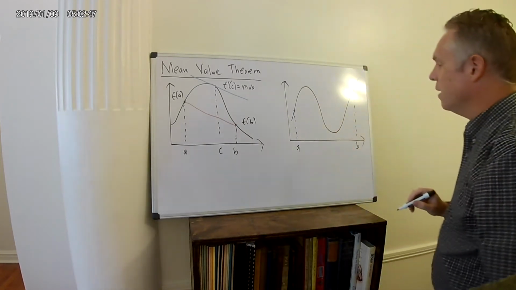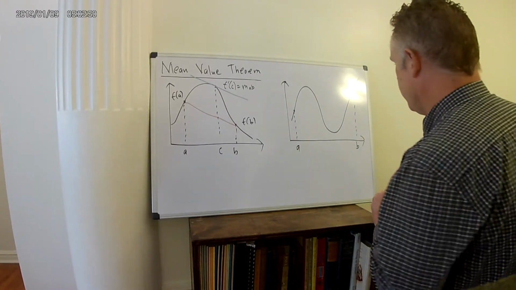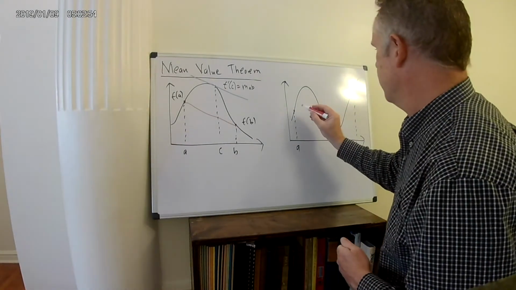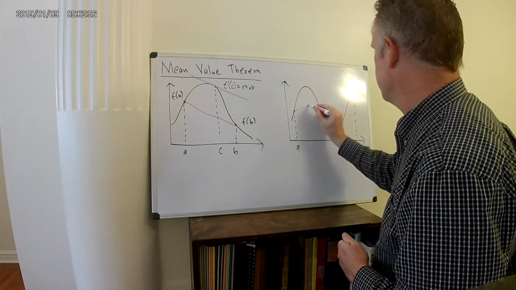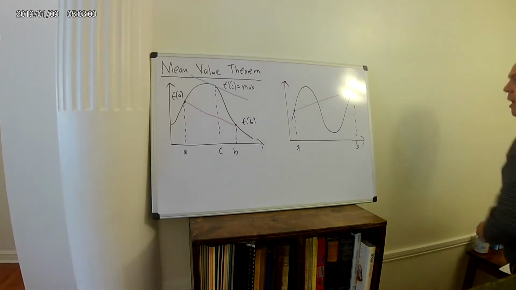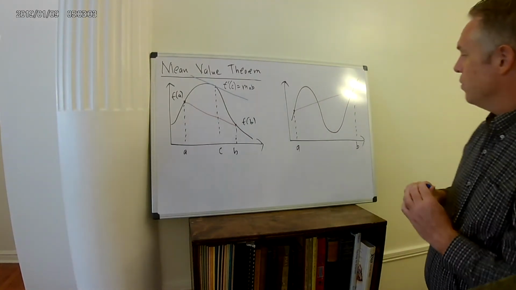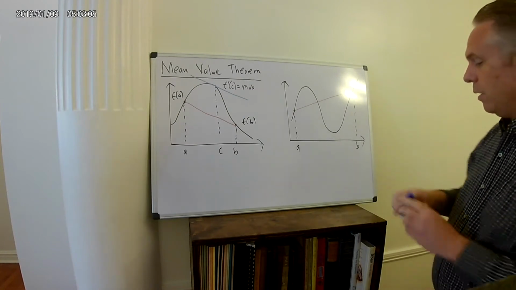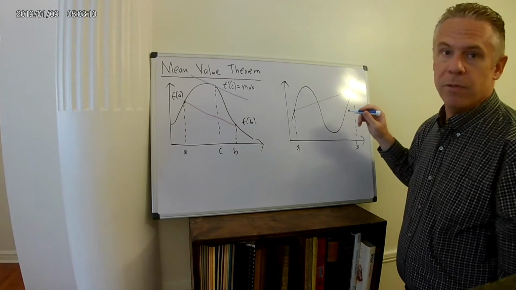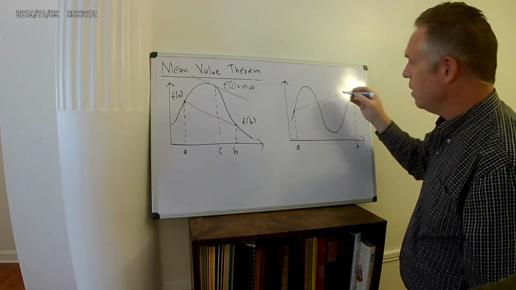And if we were to draw the secant line here, the secant line is this line. And actually, in this case, can you guys see that there are two points along this curve where the slope is equal to the slope of the secant line?